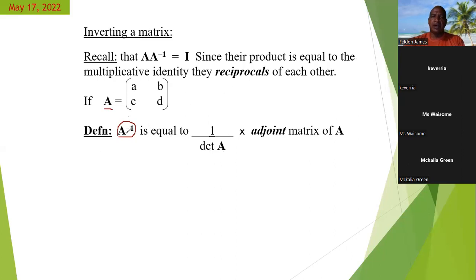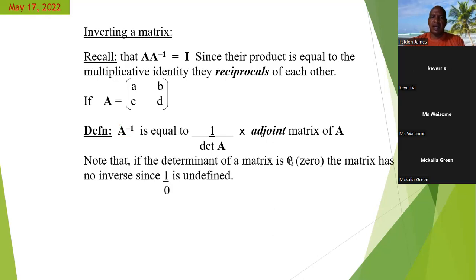All right. Now this is just a little general in terms of the formula, but let us see how it would look if we do an actual example. All right. Note that if your determinant is 0, because you have this 1 over the determinant, that means this would become 1 over 0. And you know, in mathematics, you cannot divide by 0.